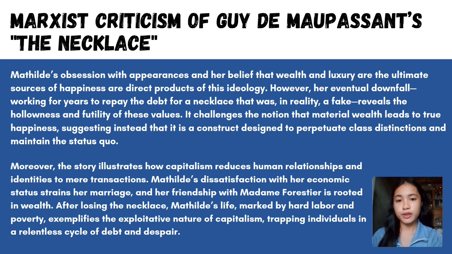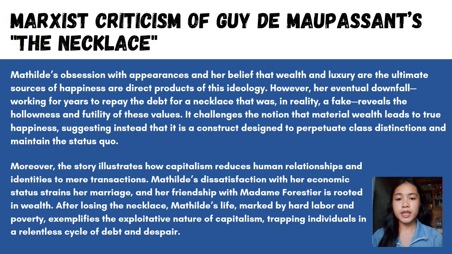As you can observe in the third paragraph, it analyzes how the dominant ideology of materialism is portrayed and critiqued in the story. The fourth step is to critique capitalism. In The Necklace, Mathilde's pursuit of wealth strains her marriage and reveals how capitalist values can reduce personal relationships to mere transactions.